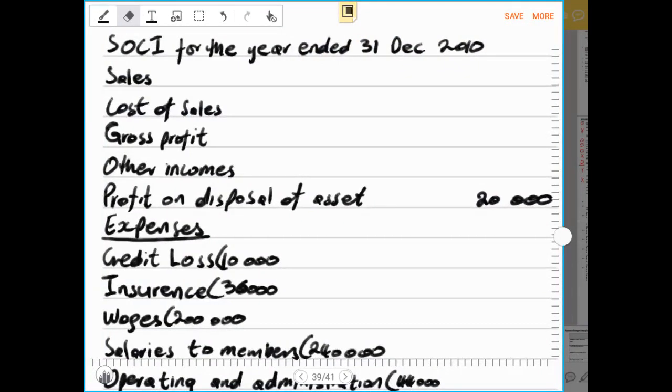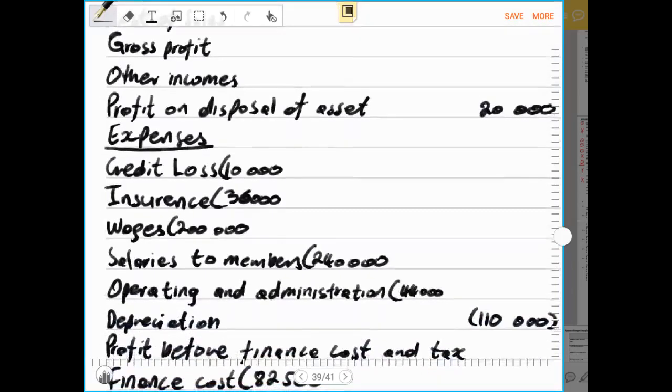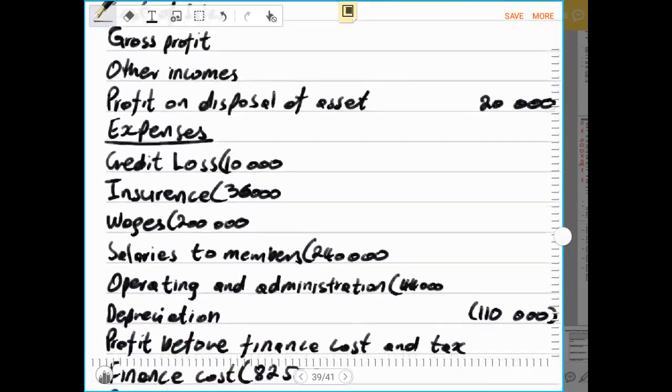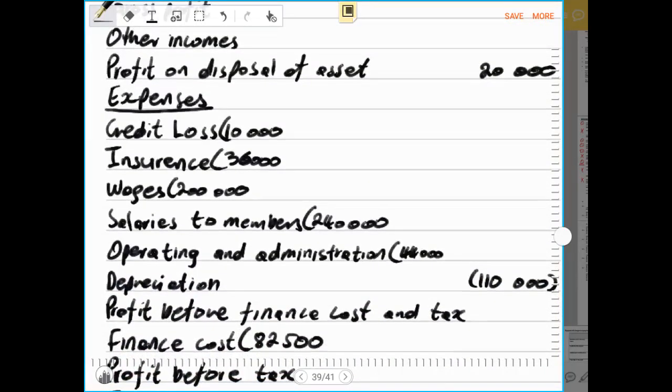Statement of comprehensive income. Don't be shocked. Statement of comprehensive income, that is just an abbreviation for the year ended 31st December 2010. So now I normally take into account all the expenses that are already given in the trial balance when it comes to expenses in the income statement before I do anything. There I started with the credit loss 10,000 and insurance 36,000.